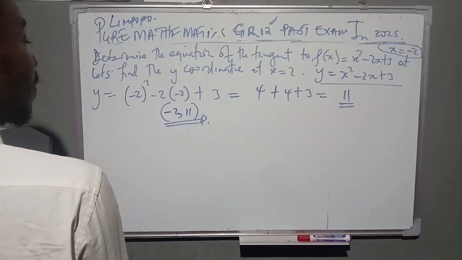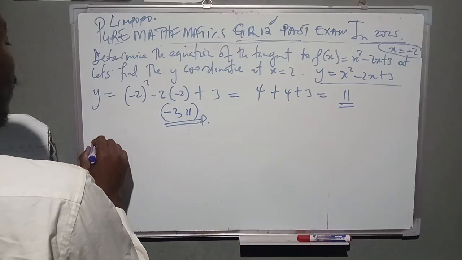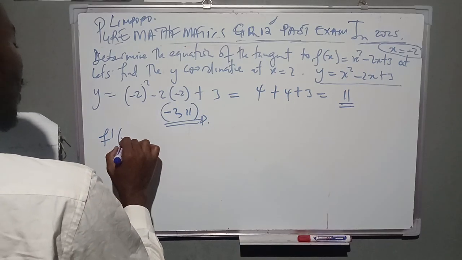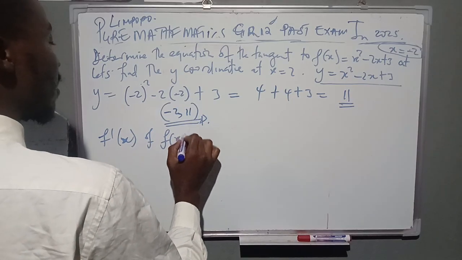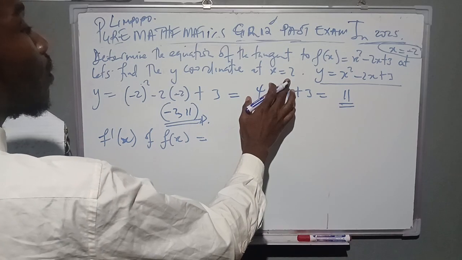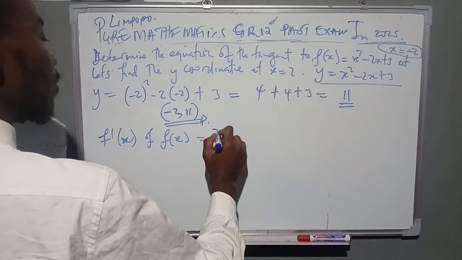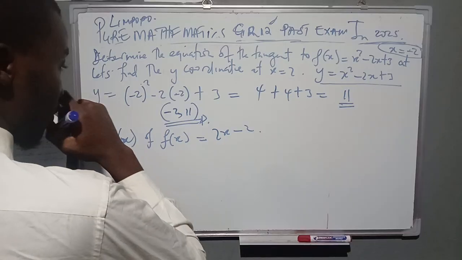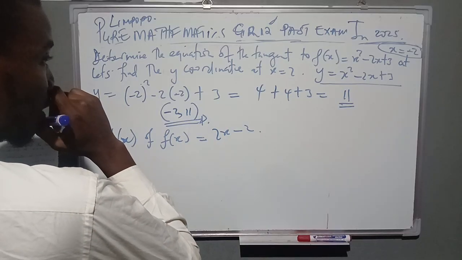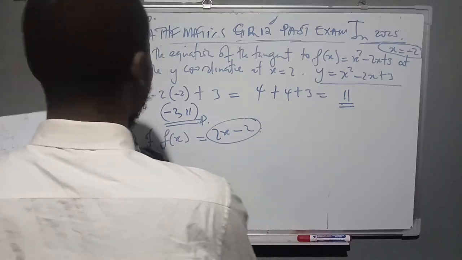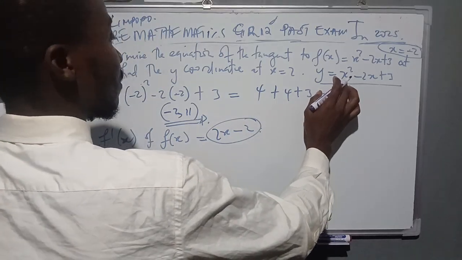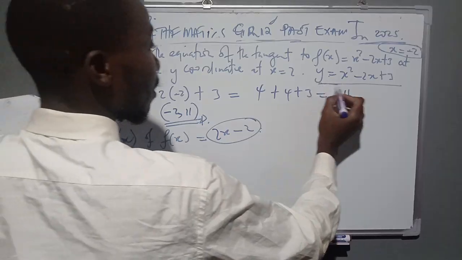So if we find the point now, we are going to find f prime x of f of x, which equals 2x minus 2, right? So why 2x minus 2? We are differentiating this one.